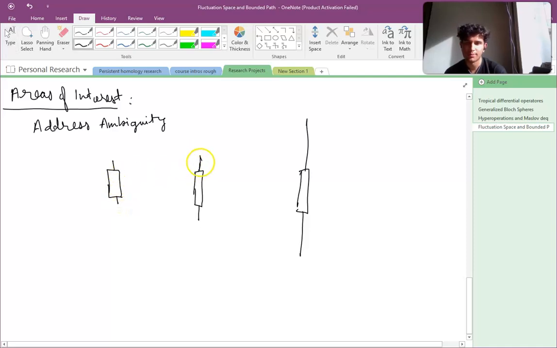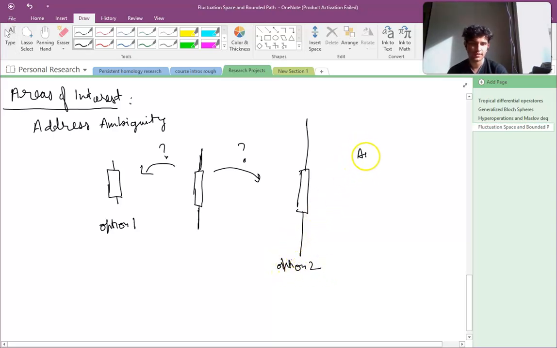So the point is that if I had something that looks like this, I don't have an actual way to decide which one I'm going to go to, right? Is this either option 1 or option 2?